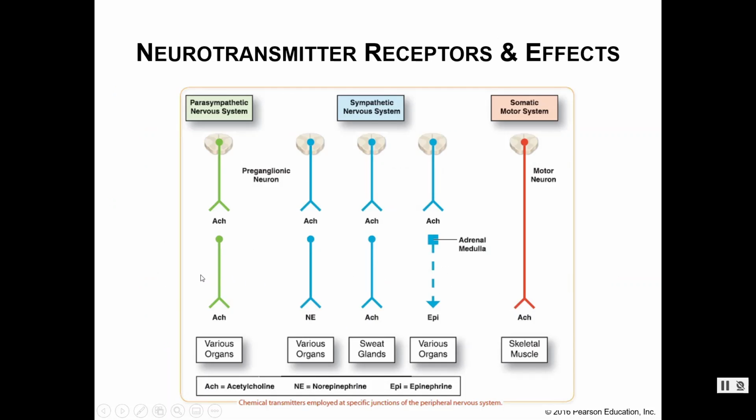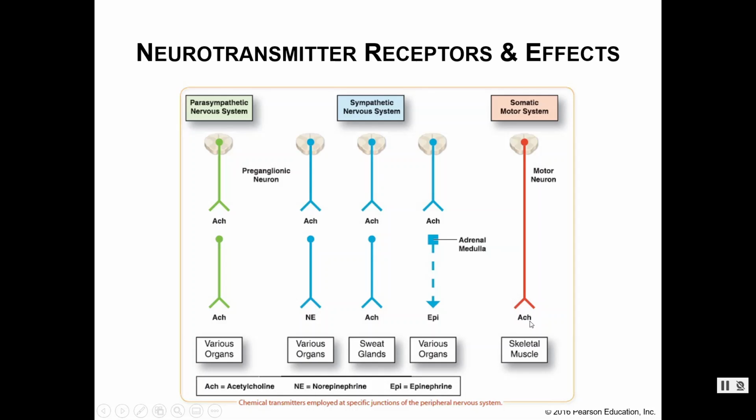So, this is kind of what it looks like. We'll start actually over here. Somatic motor system, this always works the same way. That one motor neuron is always going to release acetylcholine. It always has an excitatory effect. It always gets us closer to skeletal muscle contraction.